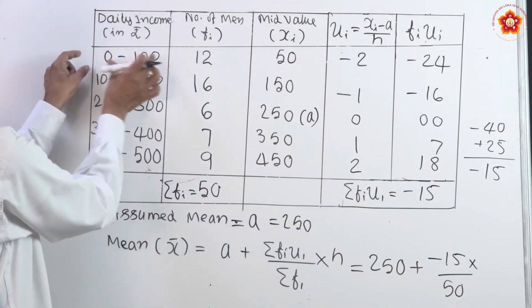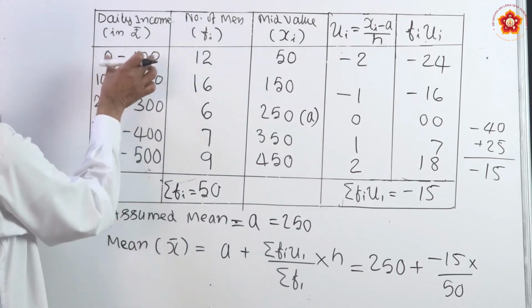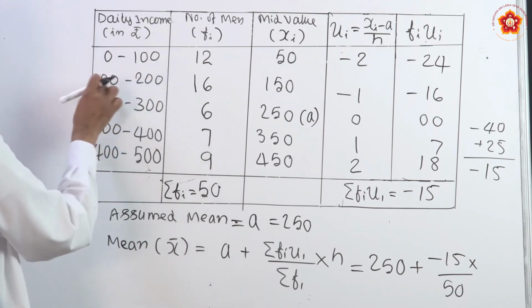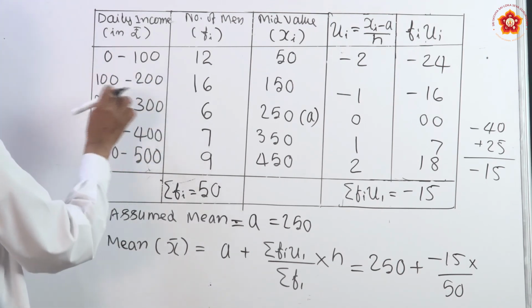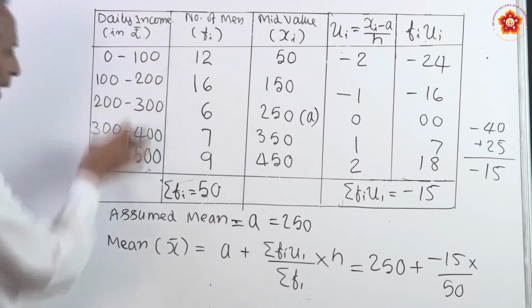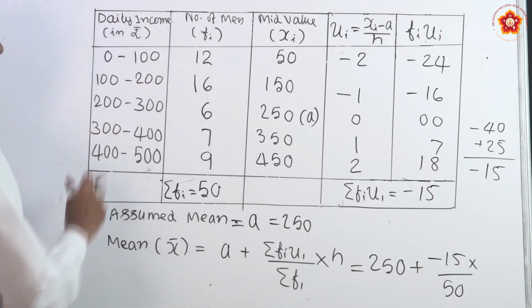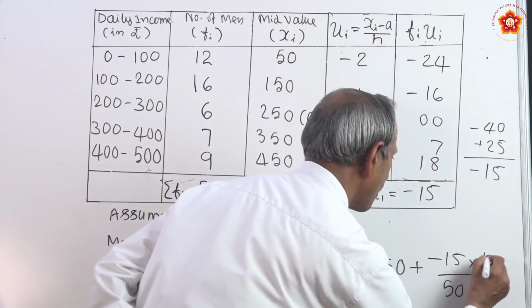Now here the size of the class interval is 100 each: if you subtract 200 minus 100 it is also 100, 300 minus 200 is also 100, therefore the size is constant here. Here h value is 100.